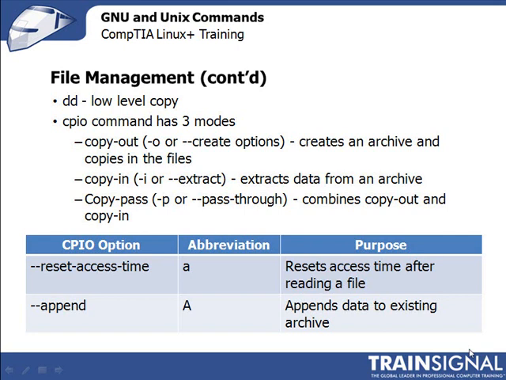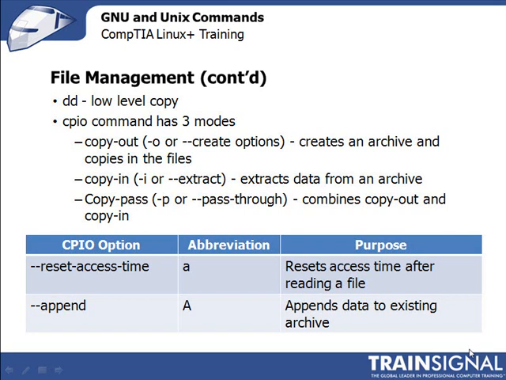Copy pass, which can also be represented by -p or --pass-through, combines copy out and copy in, which lets you copy a whole directory tree from one spot to another. The table below lists other options associated with this command.